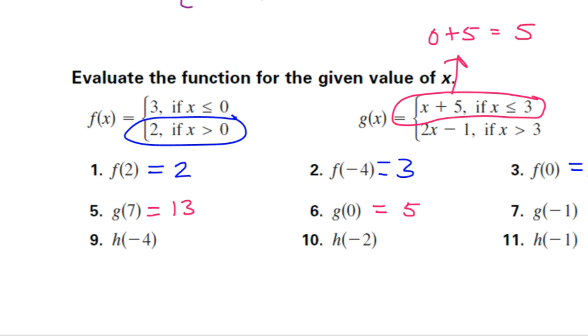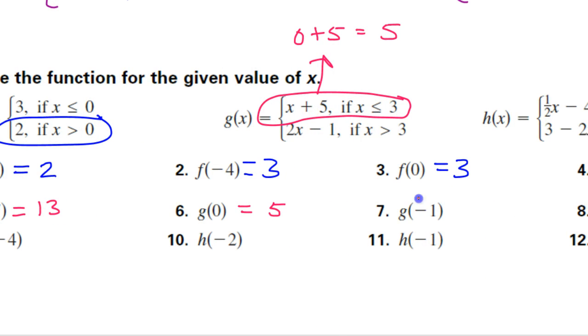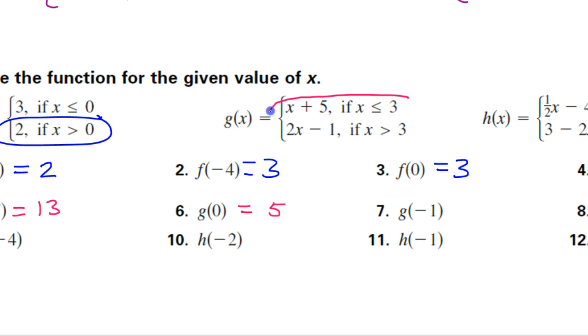Okay, how about -1? -1 is less than 3, so we will be doing the top piece. So -1 plus 5 equals 4.